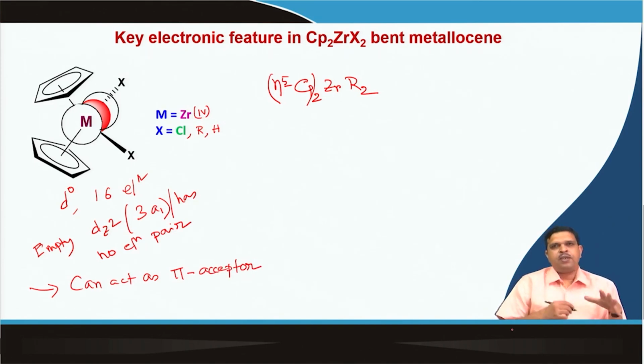Now, if it is a pi acceptor, because the dz square is empty, this can act as an acceptor for ligands which have pi orbitals. As an example, can you guess what may be the ligand? Yes, it is alkene. So, it can interact with alkene.